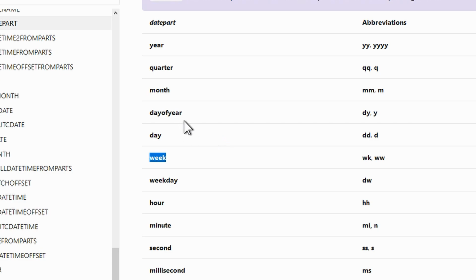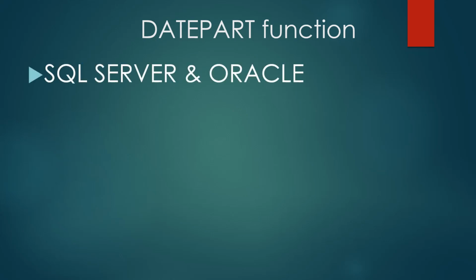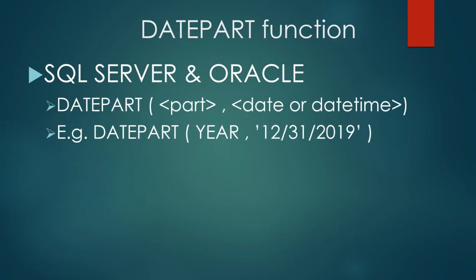You get the idea. Now, this DATEPART function is going to have to come with a bit of a caveat here. Up until now, all the functions I've shown you are ANSI compliant and they work the same across all platforms, MySQL, Oracle, SQL Server. That's actually not quite true of the DATEPART function, but I'll show you anyway. In SQL Server and Oracle, you have the DATEPART function. It works identically.